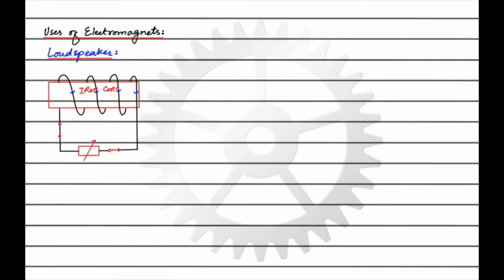In front of this electromagnet there is another magnet that is part of the loudspeaker cone, and this is a permanent magnet, behind the cone in the loudspeaker.